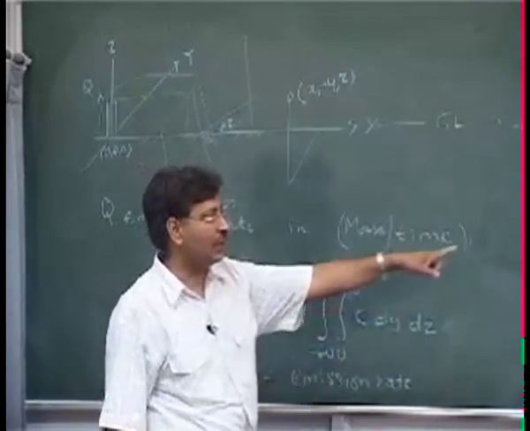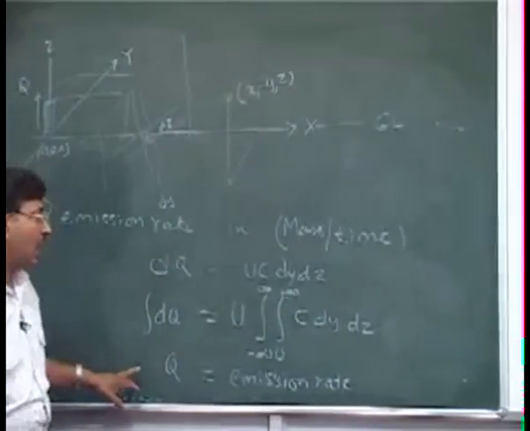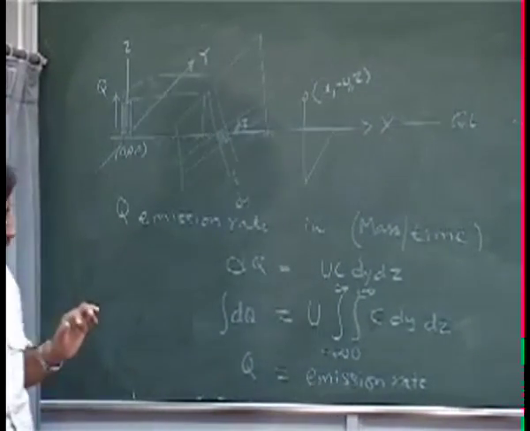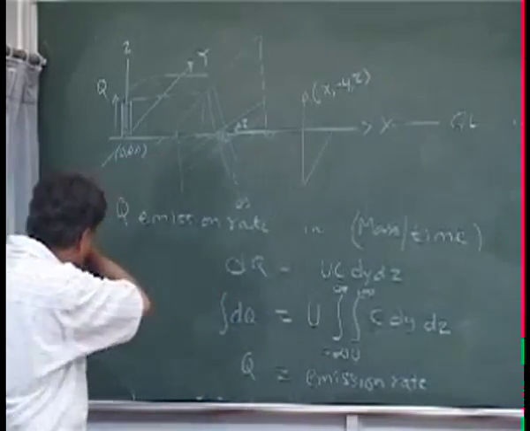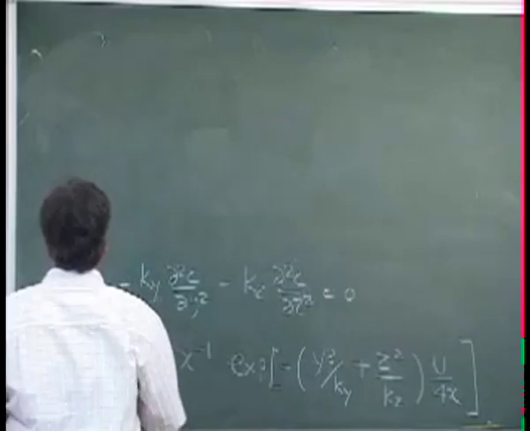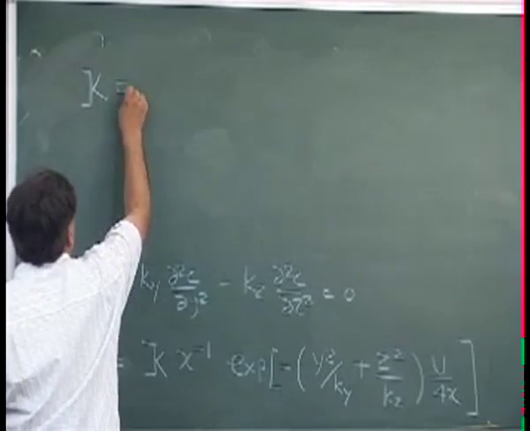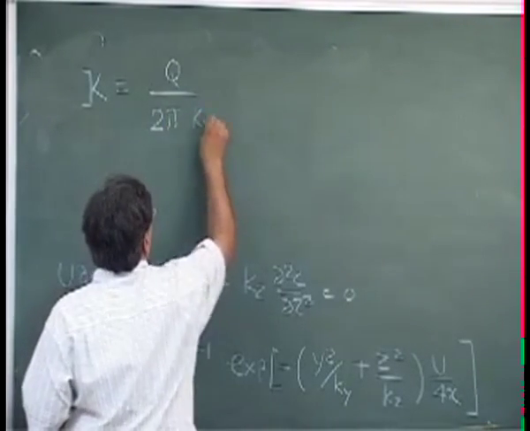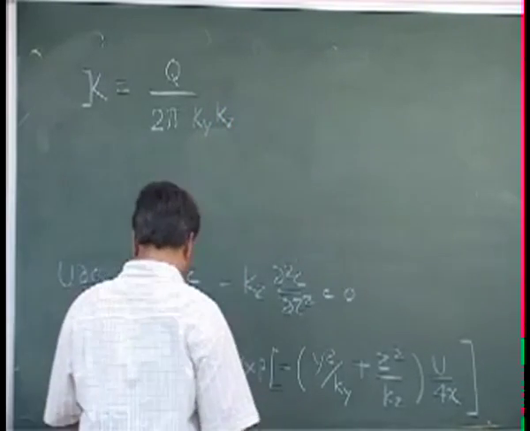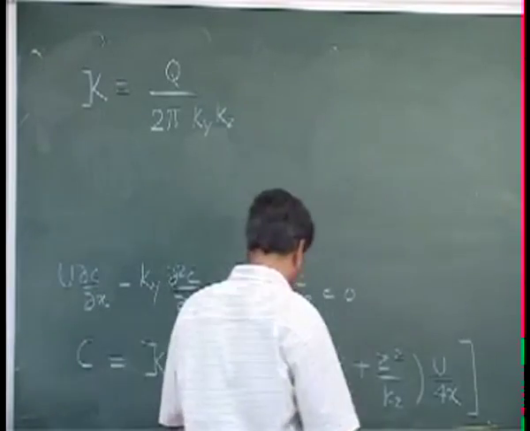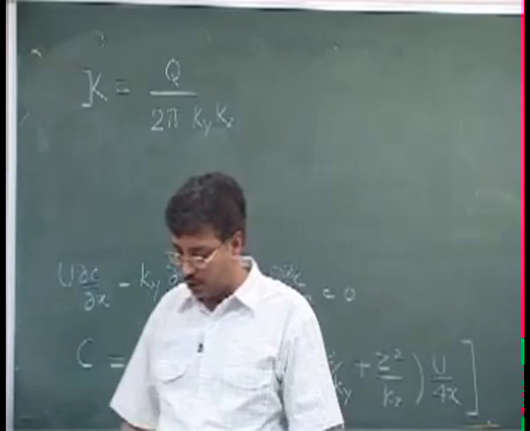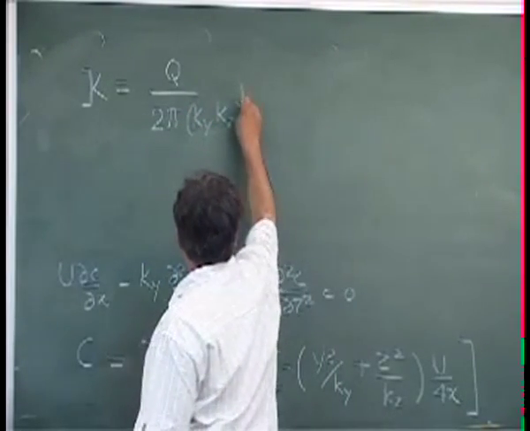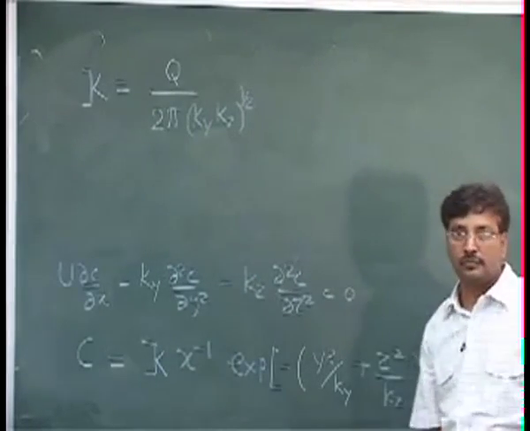I take the value of C from that equation, put that expression here, and I can find the constant, big K, in the form of Q. With this boundary condition, my big K equals to, we'll check this thing because we are not deriving it fully.